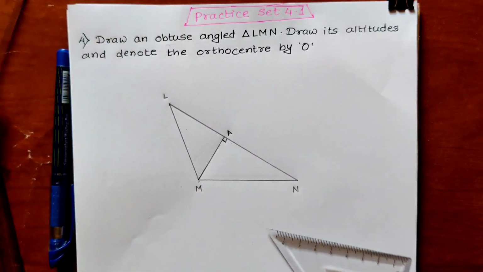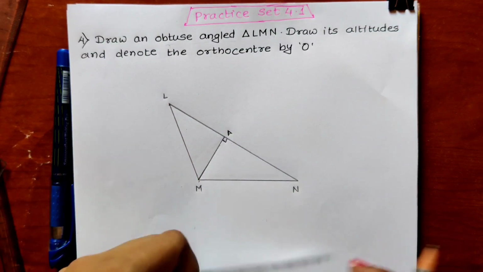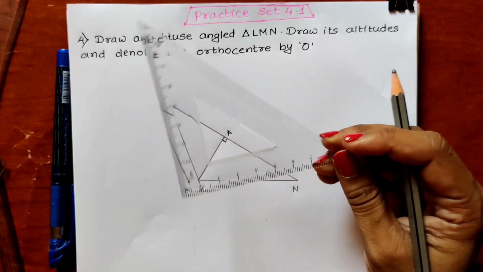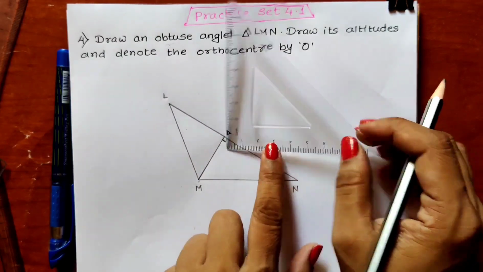Now we have to draw the altitude from point L on its opposite side MN. So how to place this set square? We have to place the set square like this.